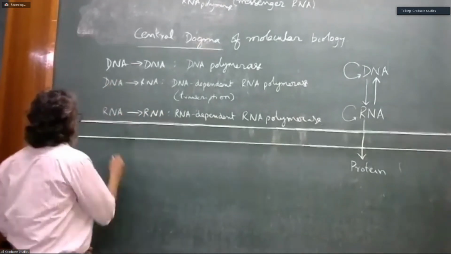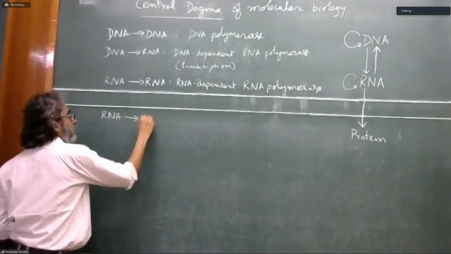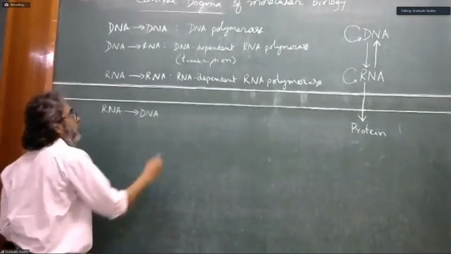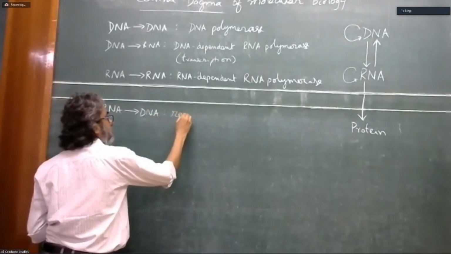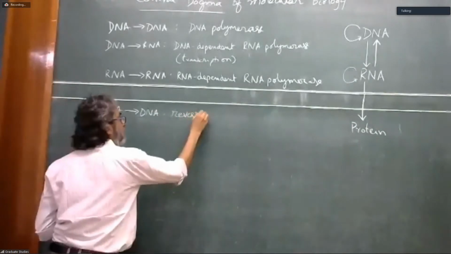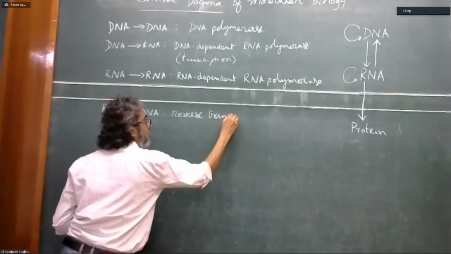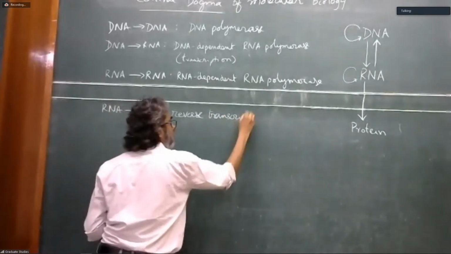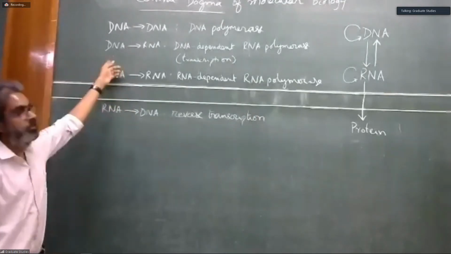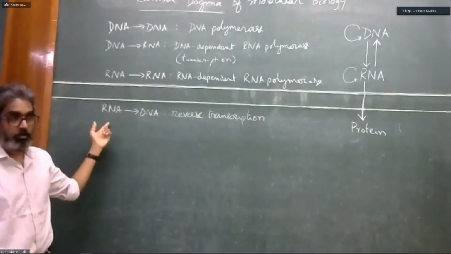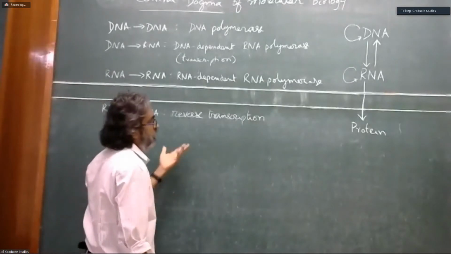RNA to DNA is called reverse transcription. Transcription is typically DNA to RNA, so this occurs in the opposite direction, hence reverse transcription, and the enzyme is reverse transcriptase.